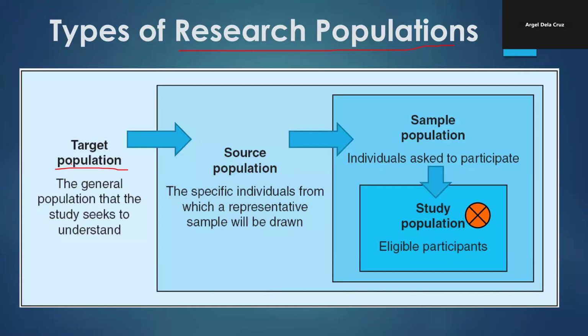So basically, if you're a human being, both gender, your age is 6 years old and above, but not exceeding 80 years old, you don't have any issues in terms of immunology, you are now part of the target population. So that is your research population for the COVID vaccine.